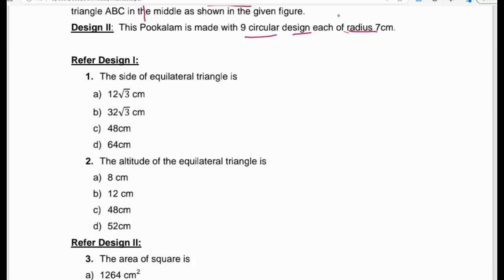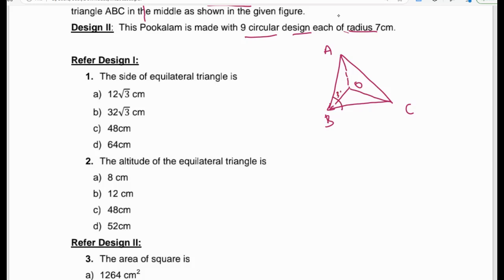I'll just take the equilateral triangle separately. Let me take it as O, A, B, and C. An equilateral triangle means each angle is 60 degrees.